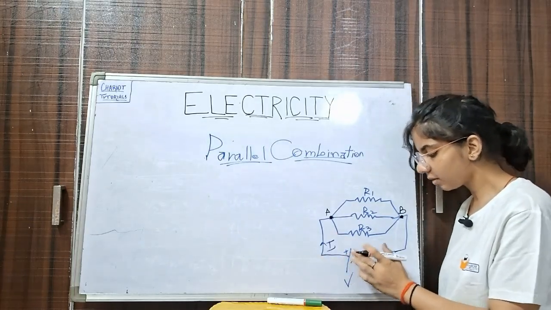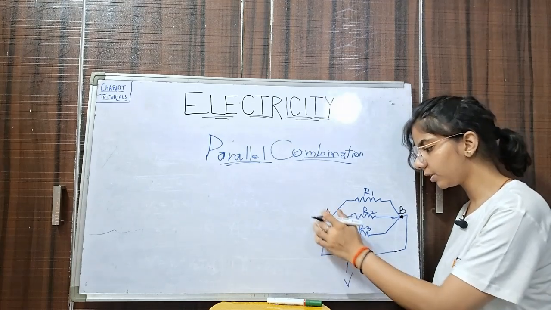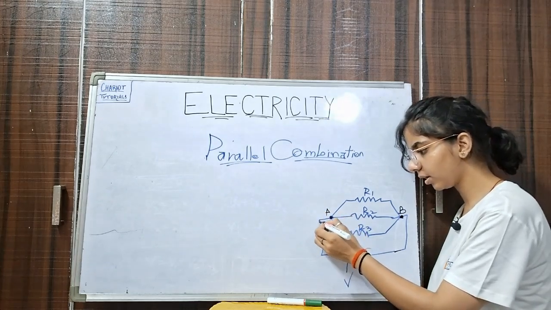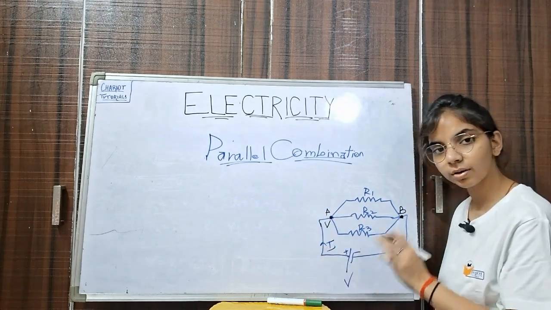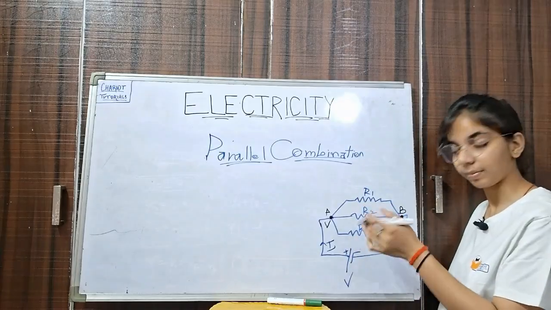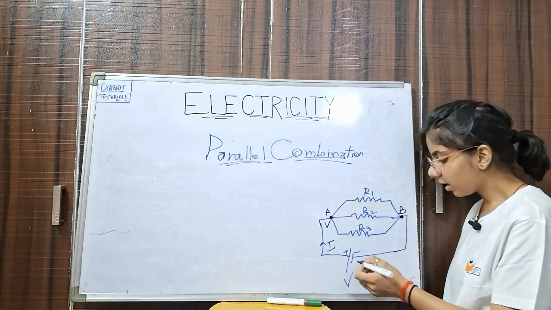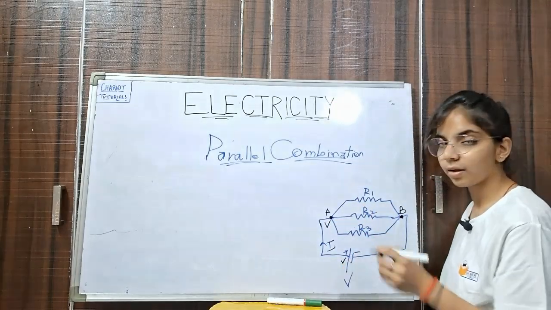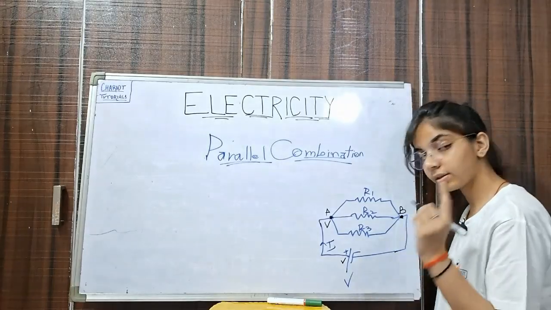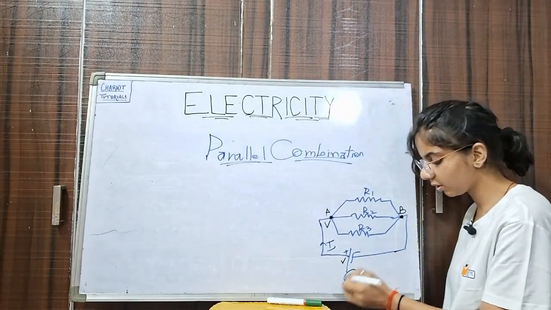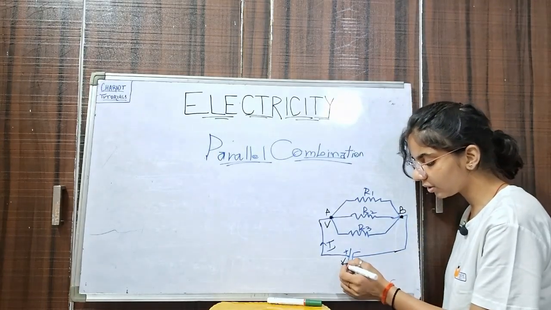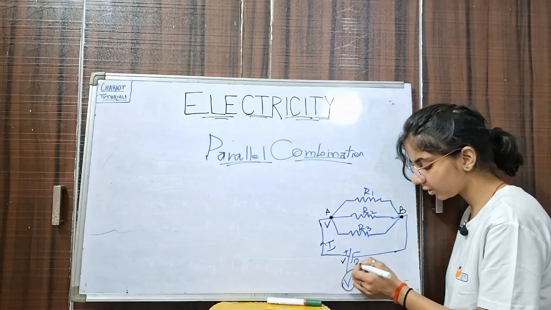V. It means the higher potential here will be V only, right? This wire provides no resistance, so the potential will remain the same. This is V, and I have told you earlier in the series combination how this potential V came, because the higher potential is at V volt and the lower potential is at 0 volt.